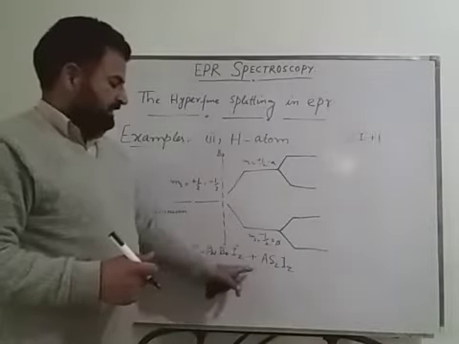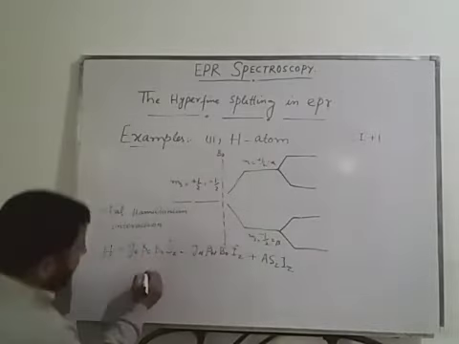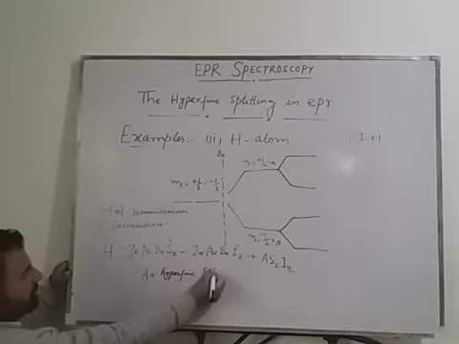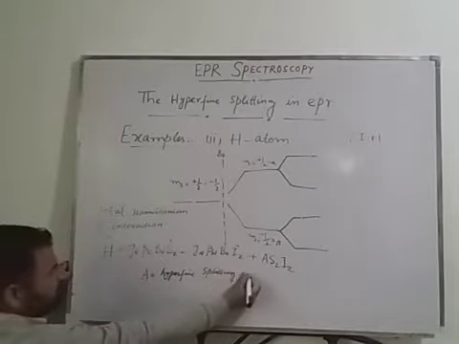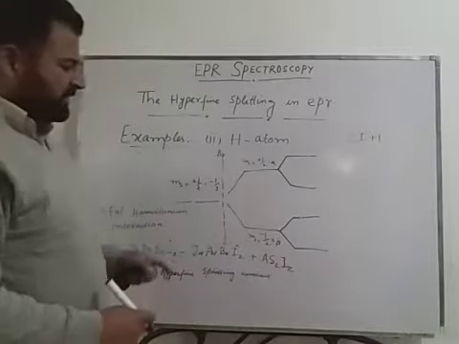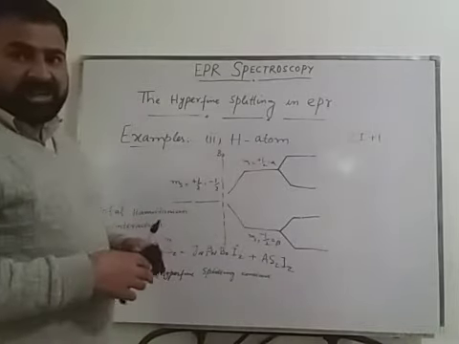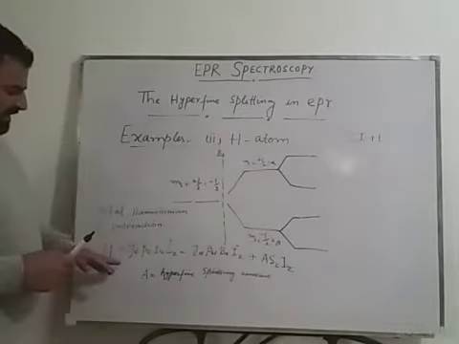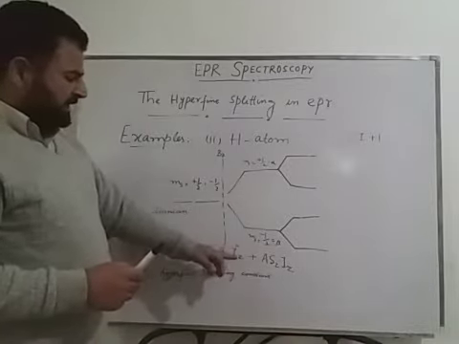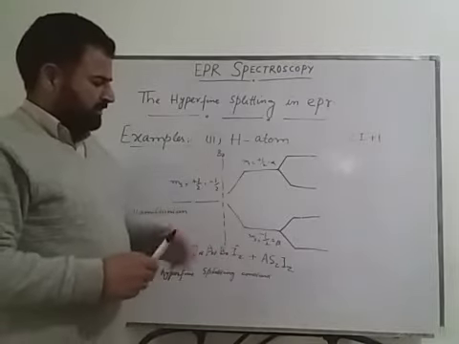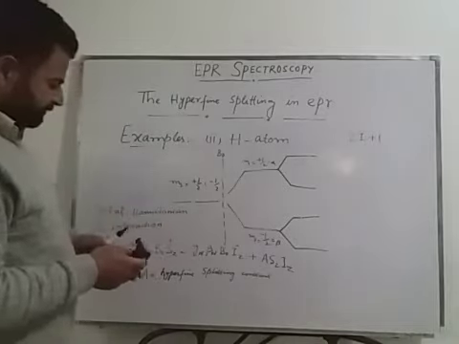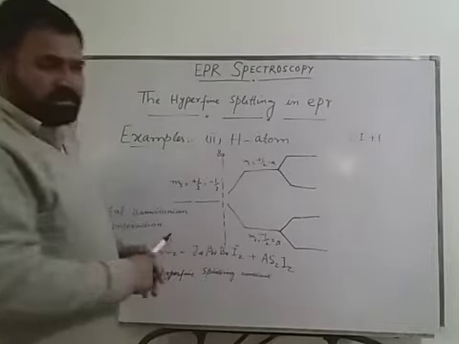And plus A Sz Iz, where A is the hyperfine splitting constant, gives the interaction between the two spins, that is the electronic spin and the nuclear spin. So there are three terms.